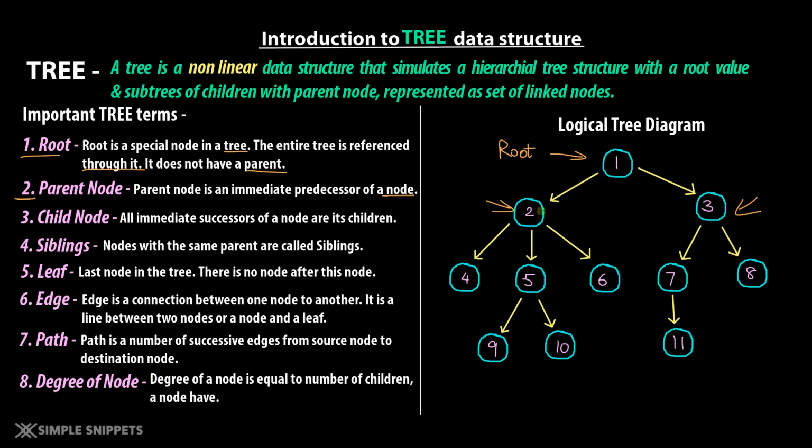So for node 2 and node 3, 1 is their parent, which basically makes 2 and 3 children of node 1. So that is point number 3, child node. All immediate successors of a node are its children. Node 1 is directly linking to node 3 and node 2. Hence 2 and 3 can be considered as children of node 1.